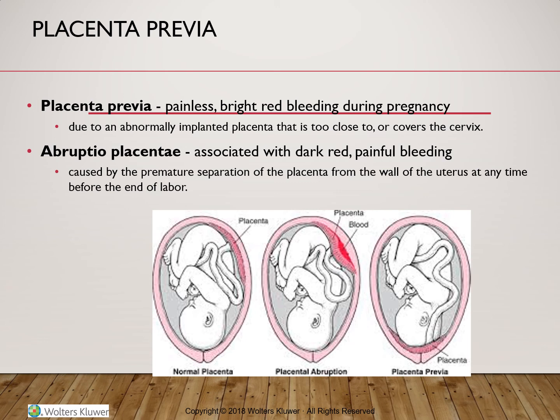Non-stress tests are performed to monitor fetal well-being, and we can even do continuous electronic fetal monitoring during an acute bleeding episode. In some very well selected cases, the woman may go home after the bleeding stops, but she must have someone with her at all times who can immediately transport her to the hospital if the bleeding begins again.